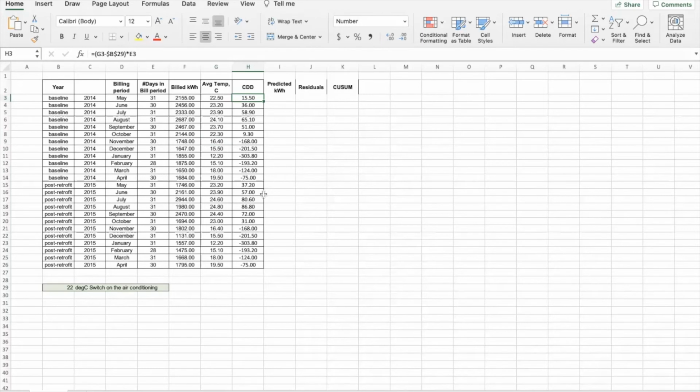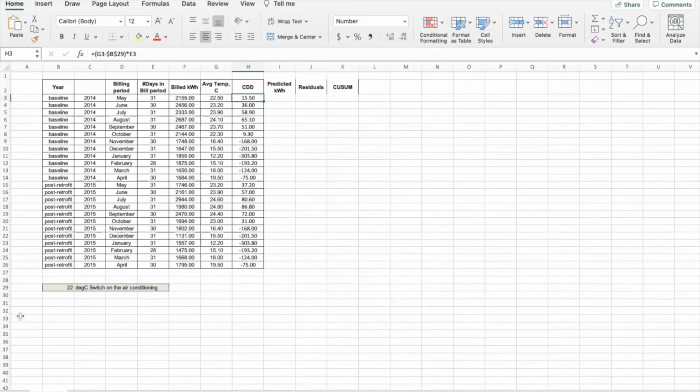At the same time, when you are doing the question on HDD, you may do the same, but your set point is 22, and the temperature may be below 22. Let's say you have a set of numbers 15, 16, 13, then you use 22 minus 15 and you get a positive number.